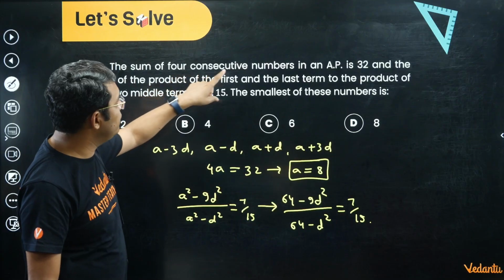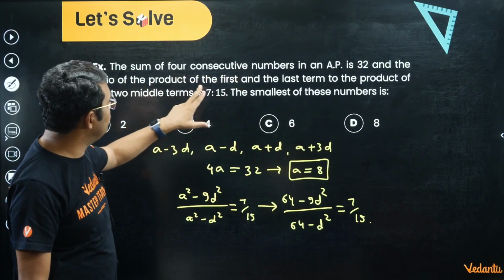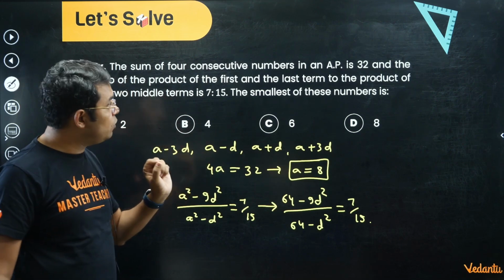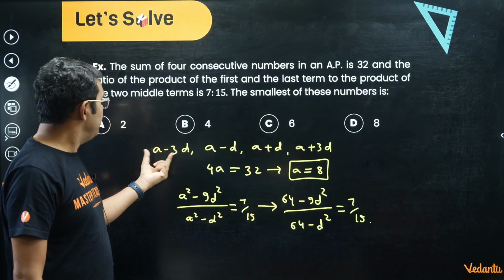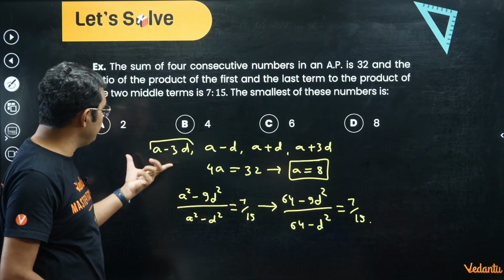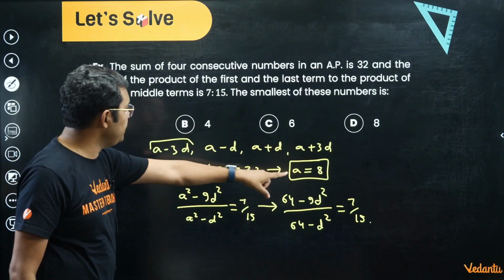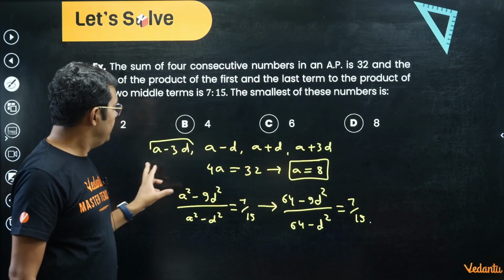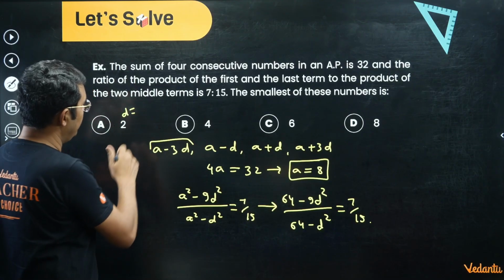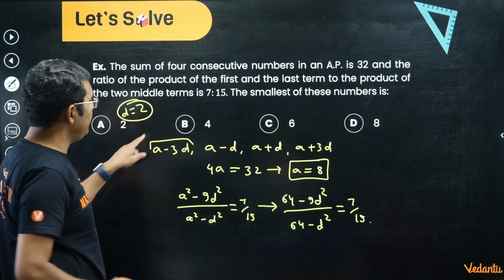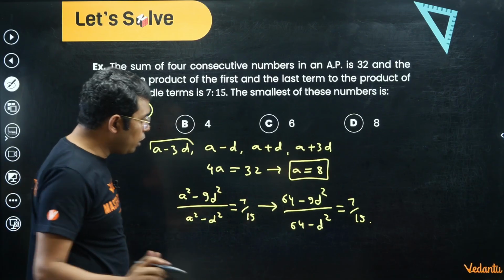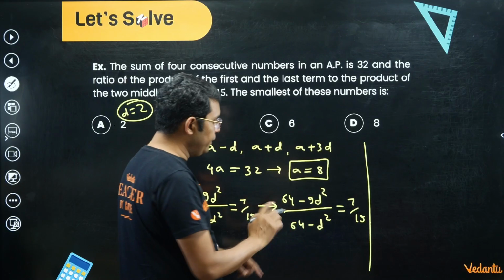They have not mentioned, but still, if you are looking for smallest of these terms, this will be smallest only if D is positive. So let's assume D is positive, and you can check if A is 8, A minus 3D will be equal to 2 if your D value is 2. Similarly, you can find values of D for other options also, and check which one is satisfying. Or you can solve by cross multiplication.